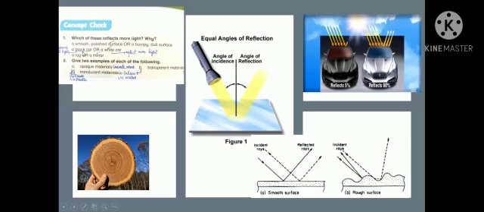Number two, a black car or a white car, which one gives more reflection? You can see here, this is the black car, this is the white car. So 5% reflection can occur by the black car, means the white car will give more reflection. You can see that this is the incident ray.